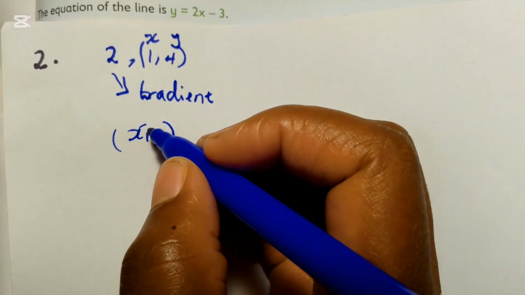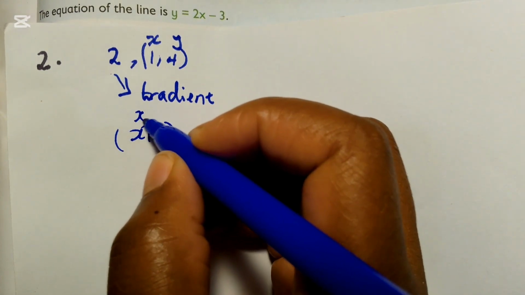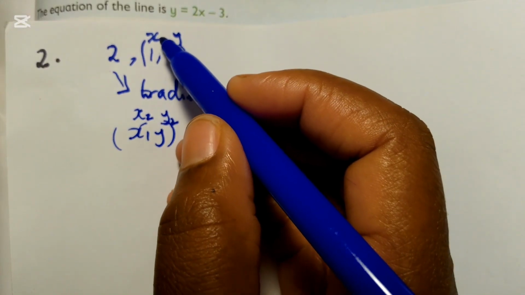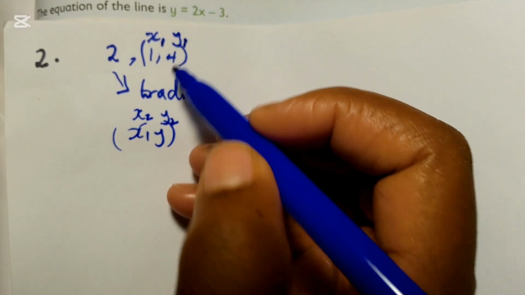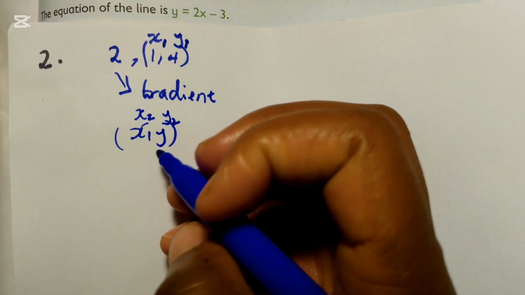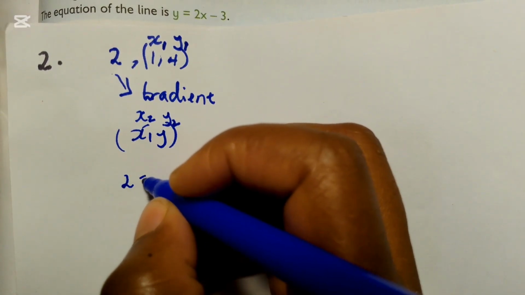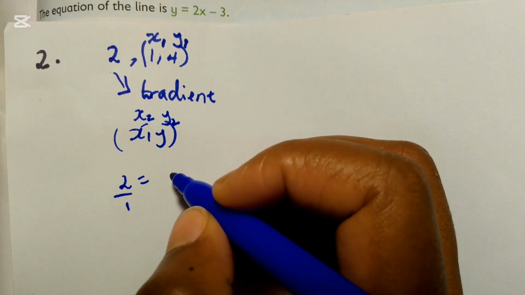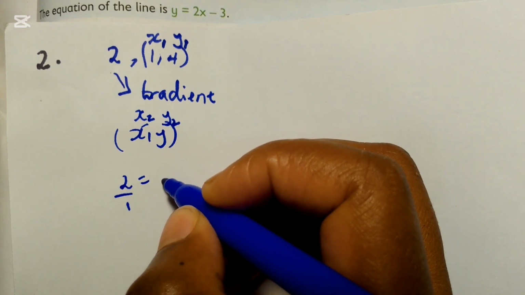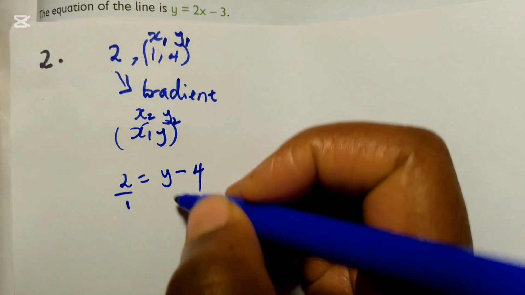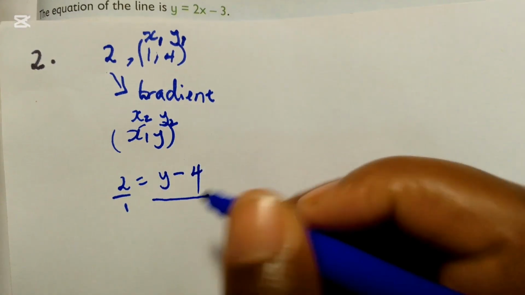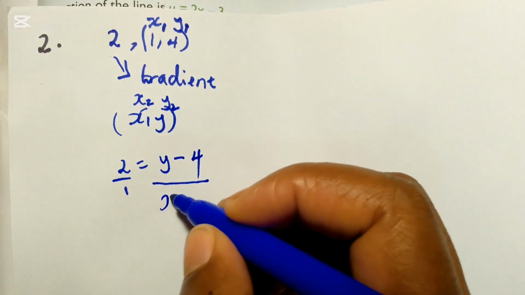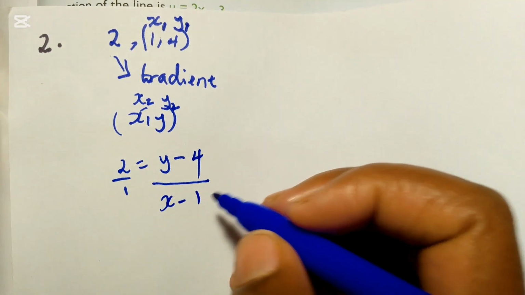This other point will be x2, y2, and then x1, y1, and then we have the gradient 2, which is 2 over 1, being equal to y2, which is y, minus y1, which is 4, over x2, which is x, minus x1, which is 1.